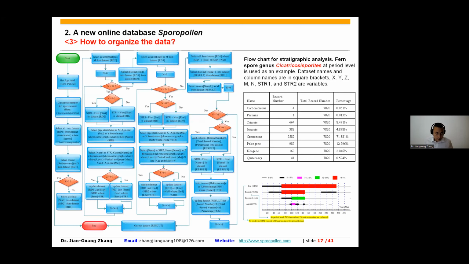Complicated analysis methods are summarized as flowcharts, which can be followed step by step by computer. This is a flowchart to draw the age distribution plot for stratigraphic analysis. The occurrence data need to be calculated for the occurrence percentage of each geological time unit.